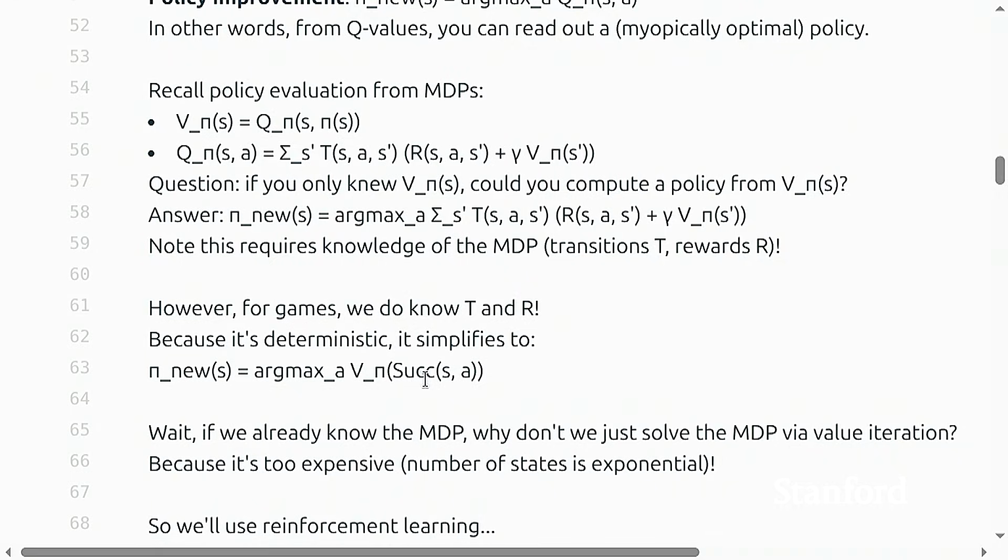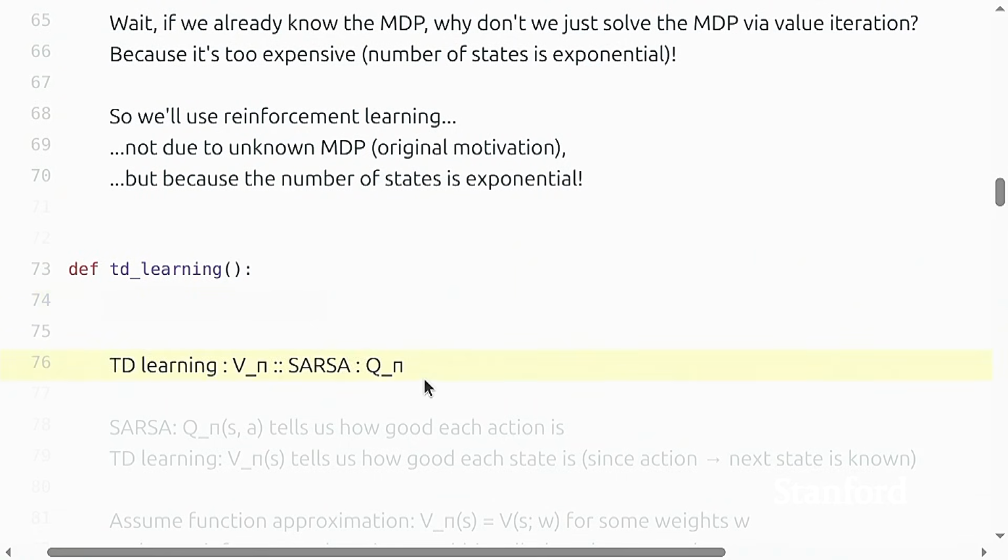Okay, so now let's actually talk about turning this into an algorithm. TD learning, the way to think about it, if you had to remember one thing, is: TD learning is to V pi as SARSA is to Q pi. SARSA estimates Q pi, TD learning estimates V pi, and basically that's the only difference.